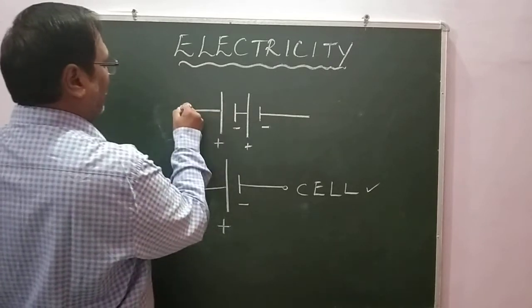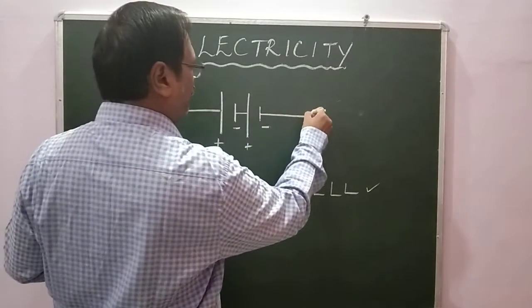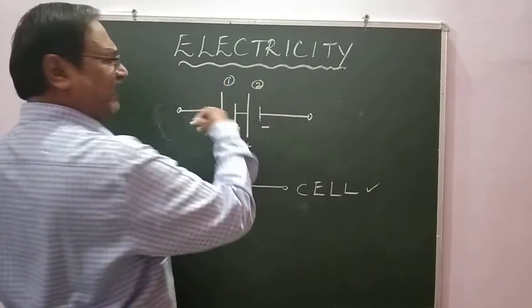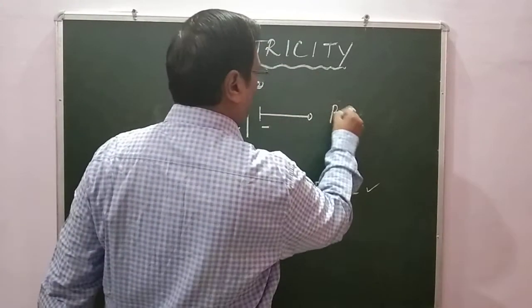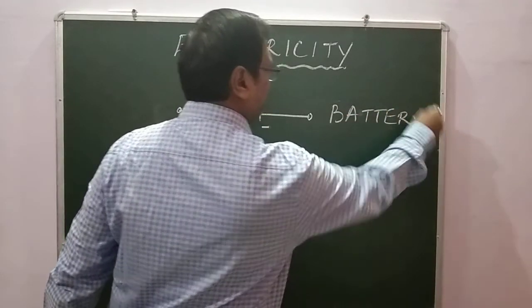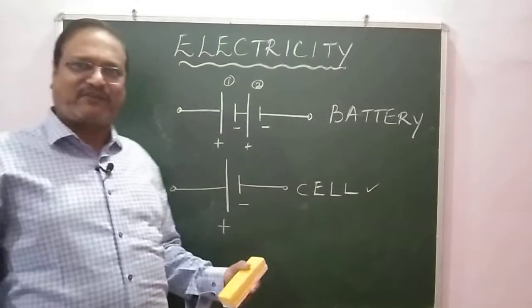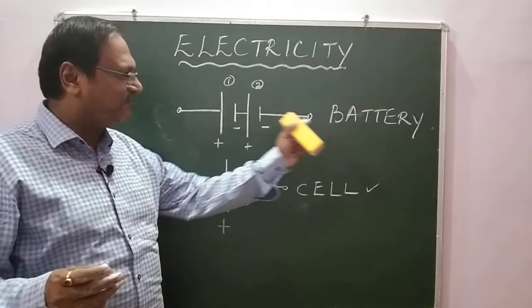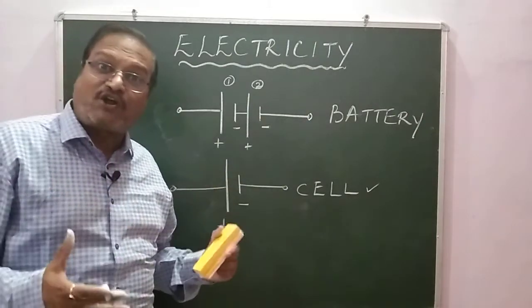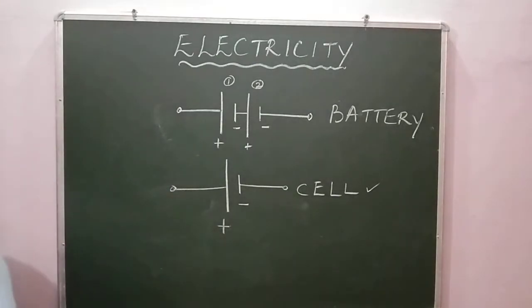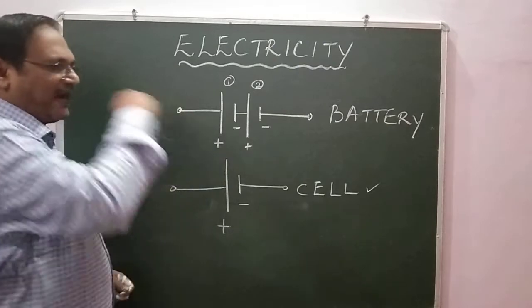One cell, two cells, I can have more cells, and that is called a battery. You'll find a car also has a battery. That's a big battery. But we use a battery like this in a torch light. So either you use a cell or join them together and form a battery.